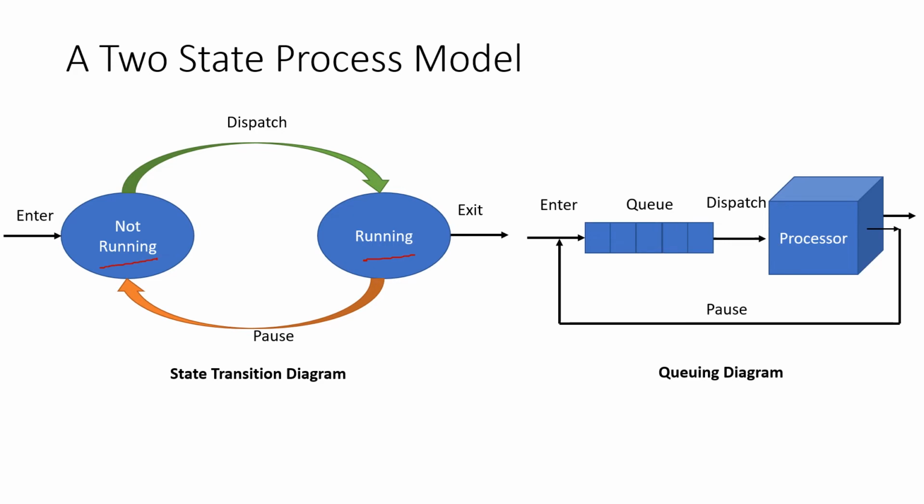When the operating system creates a process, as mentioned earlier, it creates a process control block for the process and enters that process into the system in the not running state. The process control block stores the information related to the current state and location of the process in memory. The process will be waiting for an opportunity to get executed.